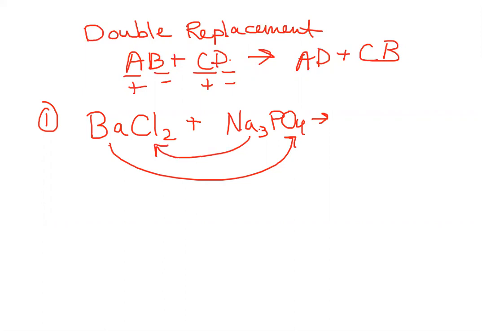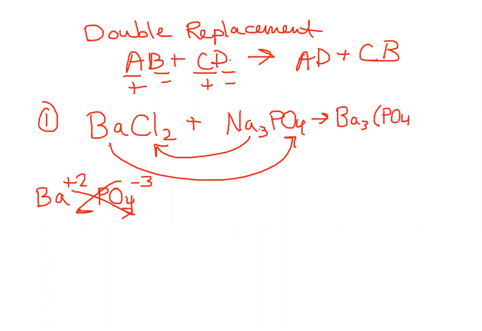So let's look at the first one. Barium. Grace, what is the charge of Ba? Maybe a plus. Okay, it's +2. And phosphate, PO4, has a charge of -3. So when we switch these, that becomes Ba3(PO4)2.